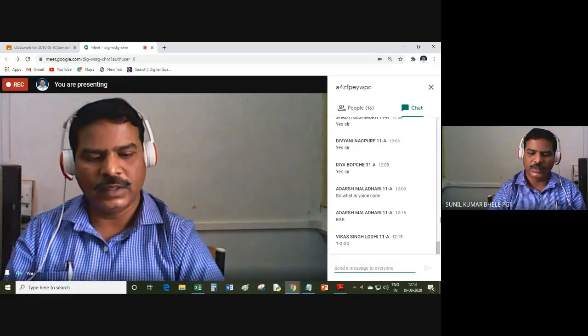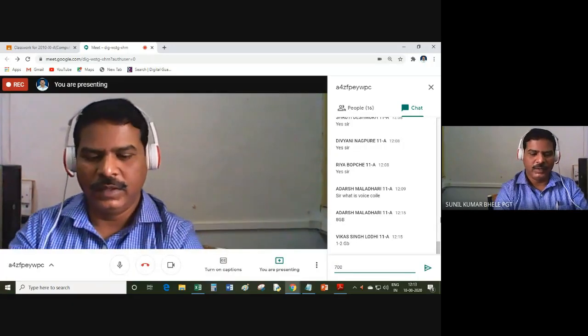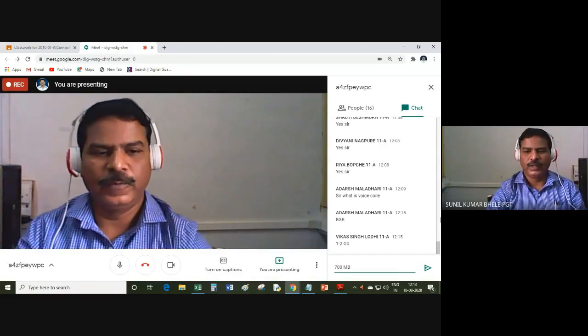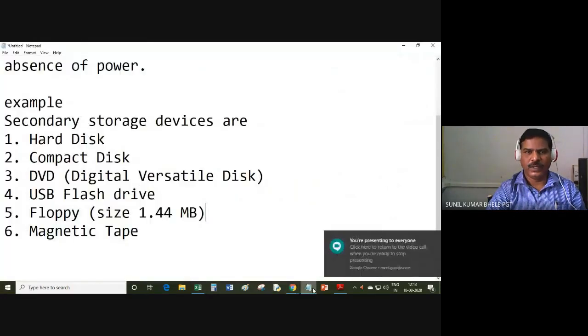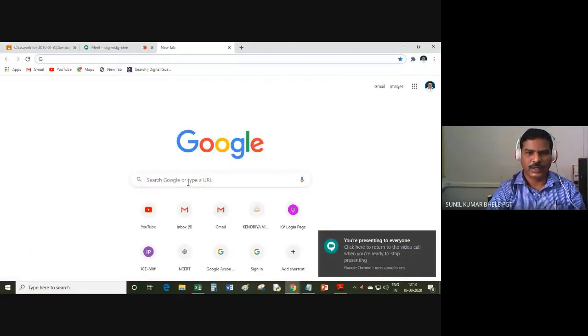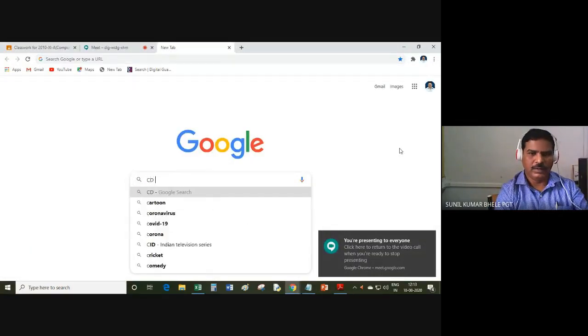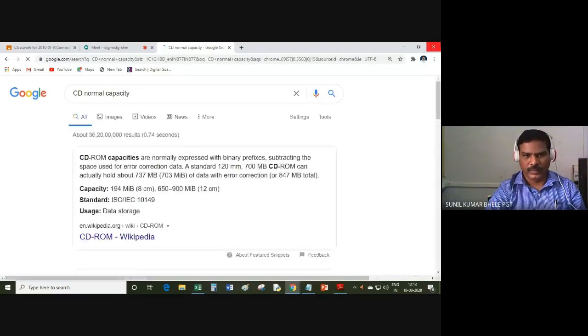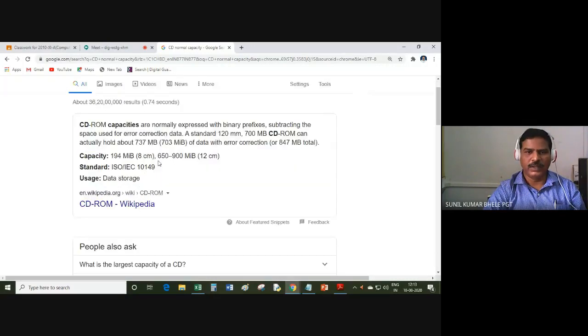One is 700 megabytes. You can note down the CD's capacity. 737 MB if I am exact, and 650.